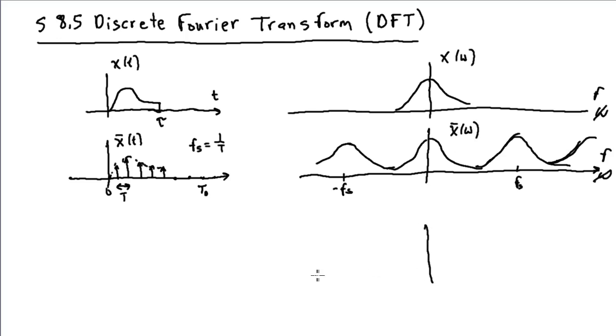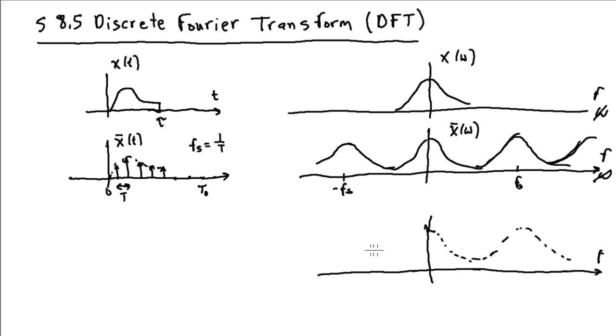Now, based on the work that we just did, let me sketch the outline of x bar of omega here from above. So it looks roughly something like this. And actually I'm going to include a scale factor here. 1 over T0, x bar of omega is this dashed line.